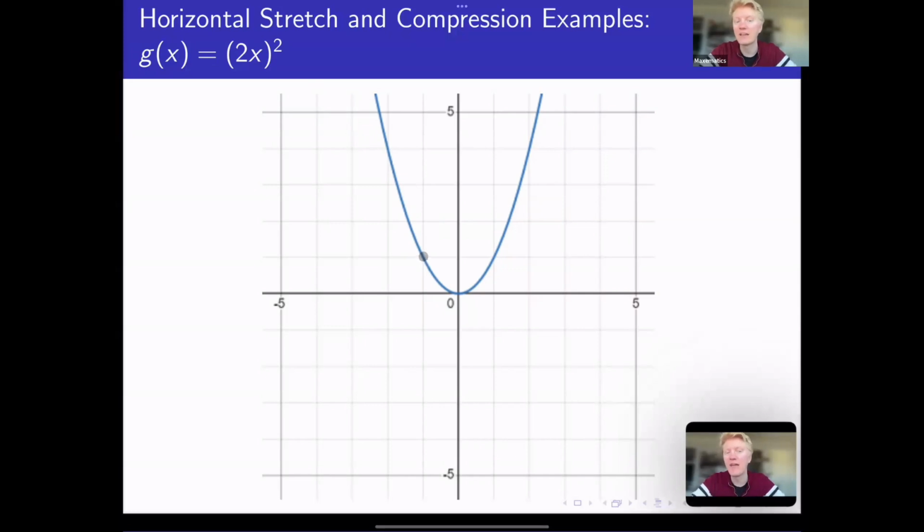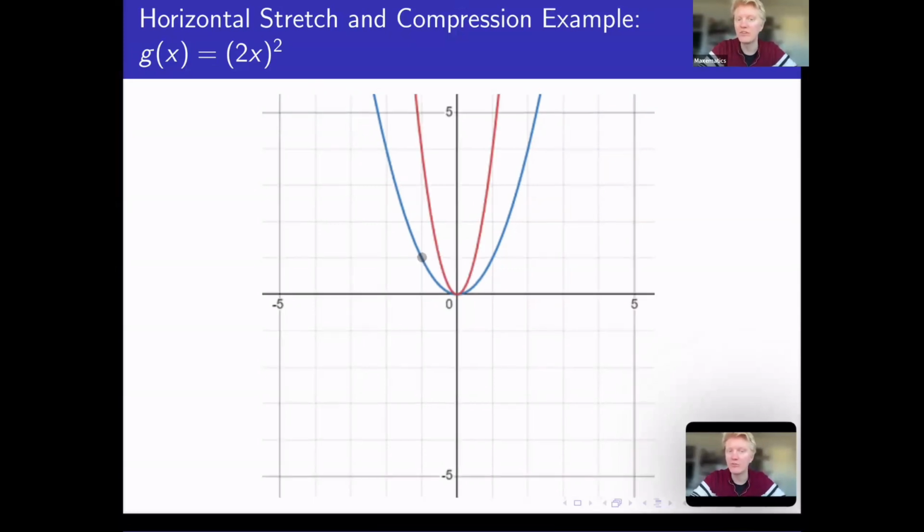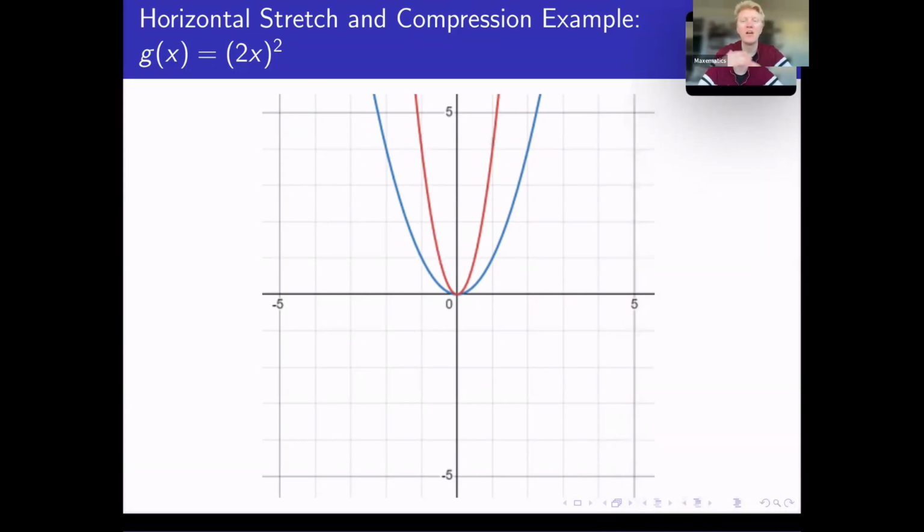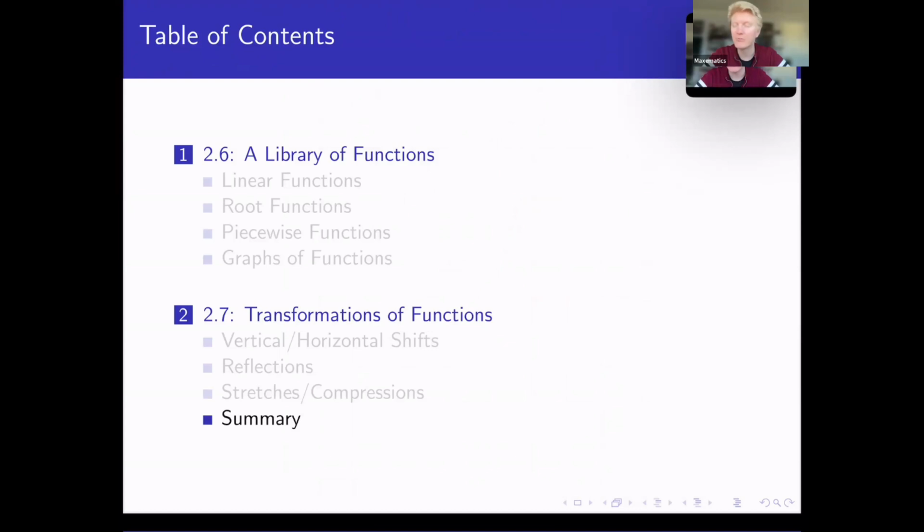So instead of x equals -1 here, it would be x equals -1/2, right? Dividing by 2 to get that same y equals 1. But also notice this could have just been like y equals 4x squared, where it's a vertical stretch or compression. So horizontal stretches or compressions, kind of weird. You're probably not going to do a lot of them here in your algebra course, but definitely those things come in handy when it comes to pre-calculus.